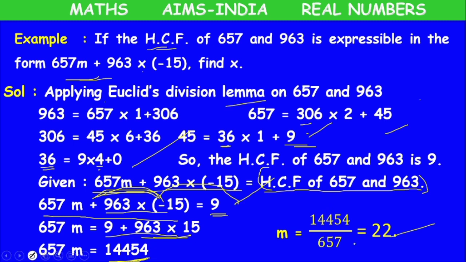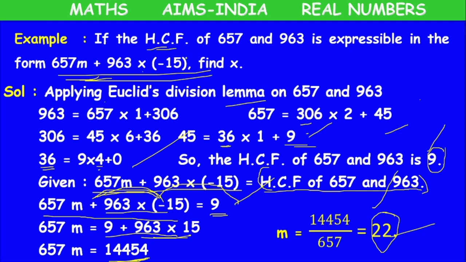We have to divide both and the answer is 22. Here the HCF is not 22, the HCF is 9 only. But they are telling that HCF is equal to this expression. In this expression, the M value is 22. If we keep 22 in the place of M, then this value will become 9.